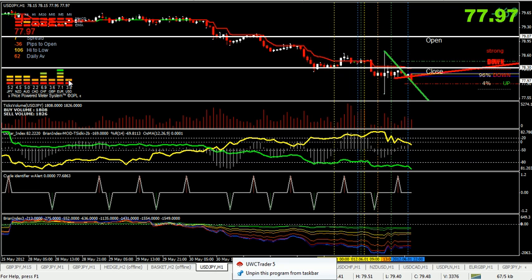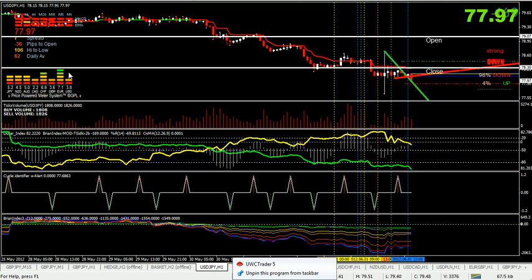In respect to the other currencies, what does this mean? If both the US dollar and the JPY are below 5, it's a long market, and if they're above 6, it is a short market.